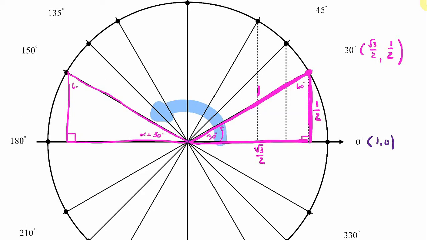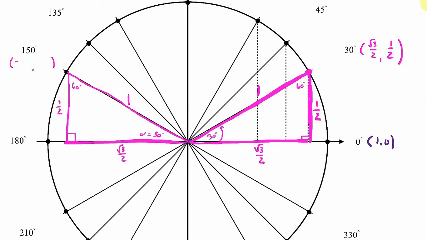So look at this. I now have another 30, 60, 90 triangle. Okay? So it's all the same lengths that we saw on the right-hand side. The hypotenuse is still 1, that's the radius of the circle. The short side is still a length of a half. This longer leg on the bottom is going to have a length of radical 3 over 2. So in terms of the coordinates up here, x this time is going to the left radical 3 over 2 units.